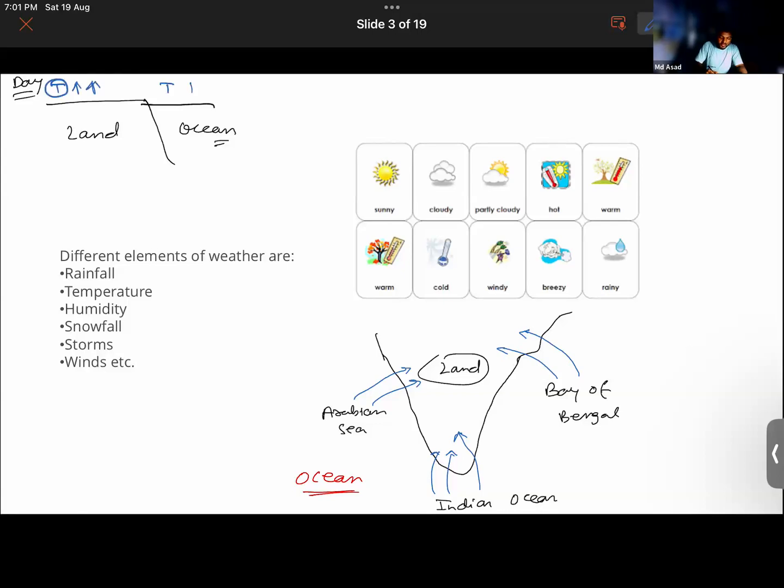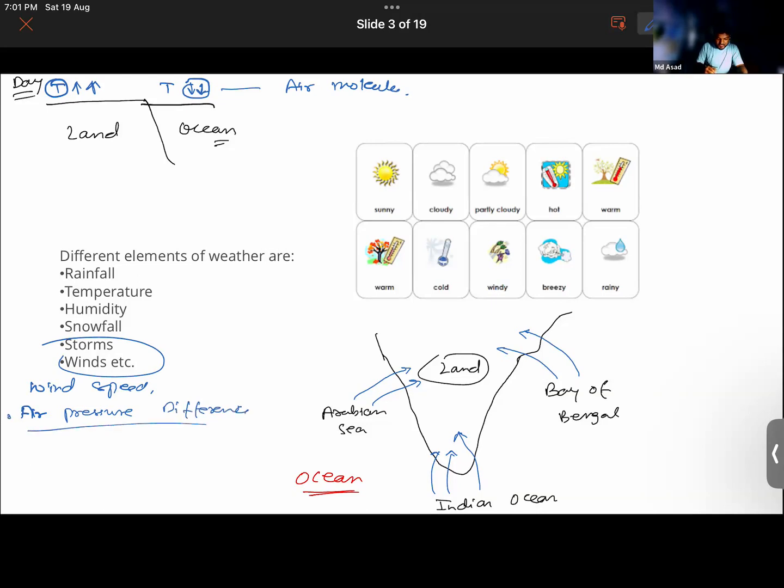So during the daytime, the temperature here will be higher, and the temperature here will be comparatively lower. We are talking about the temperature of air molecules. And the basic concept of wind speed is that it is simply due to the air pressure difference.